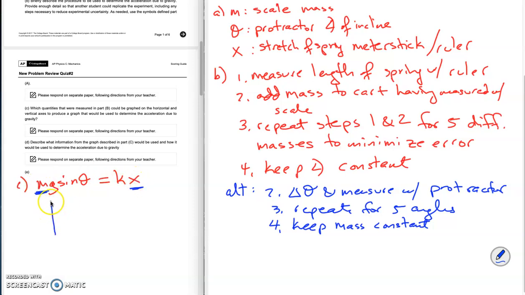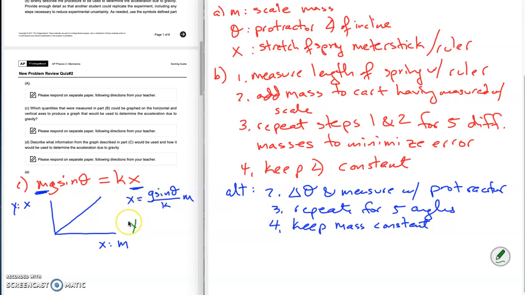So what I would do is set these up so that my x variable is mass and my y variable is x, and then I would divide both sides by k. So I have x equals g sine theta over k times m.